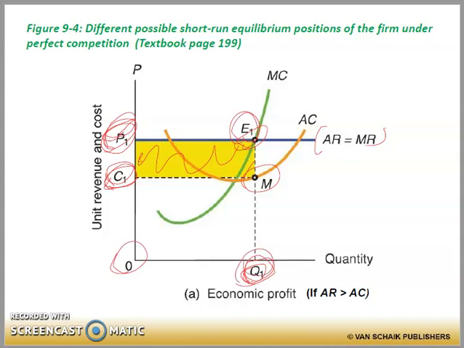Similarly, the firm's total cost is obtained by multiplying the cost C1 by the quantity produced, which is Q1. This is equal to the area of 0, C1, M as well as Q1. So the difference between these two areas is the shaded area, which represents the firm's total economic profit.